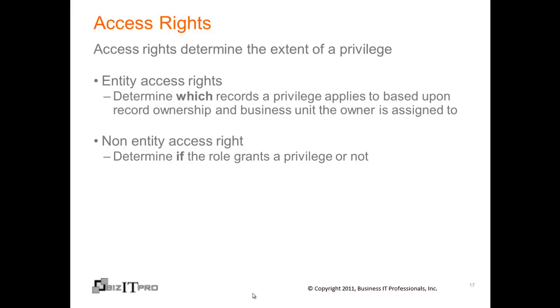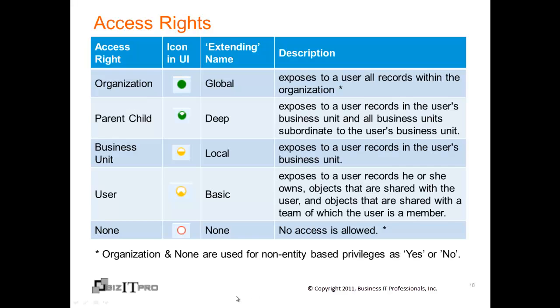Access rights determine the extent of a particular privilege. From entity access rights perspective, the access rights determine which records a privilege applies to based upon the ownership of the record, namely the user, and the business unit that the owner is assigned to. On non-entity access rights, it just determines if the role grants the privilege or not.